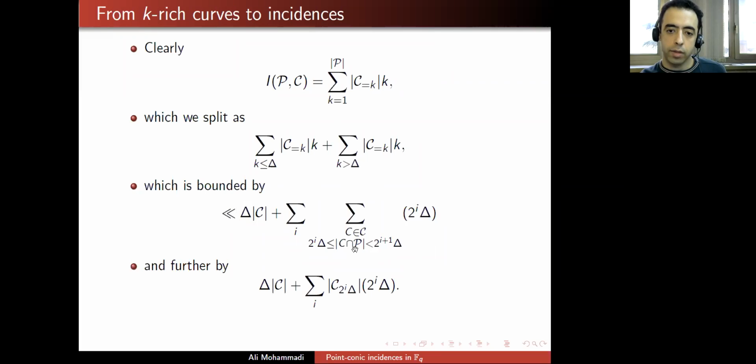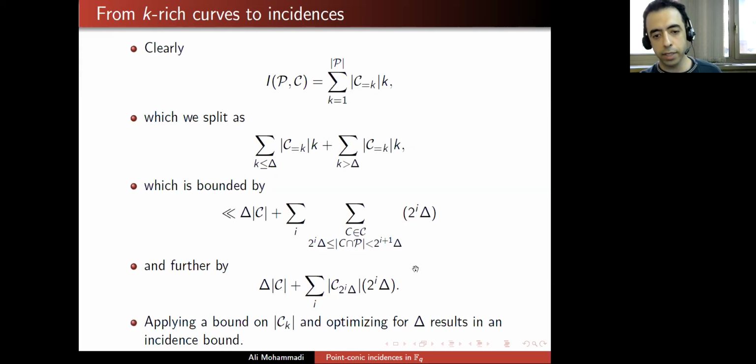Now these curves in this level set belong to the larger class of 2 to the I delta rich curves. So you bound this sum, and the domain becomes less than the size of C to the 2^I delta, and this stays over here as well.